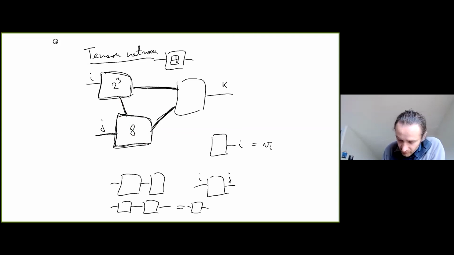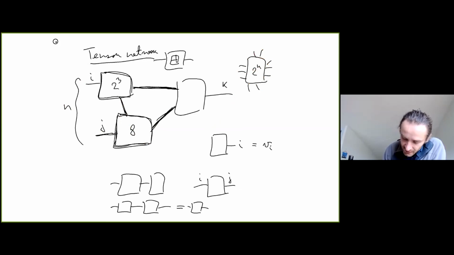But then if you connect them in some kind of big network, this network would have n edges coming out. And so instead of having one box with many edges coming out, where you would need 2 to the n numbers, if you know some structure of this thing, if you break it down, you'd have these smaller boxes that have just 8 numbers or something.